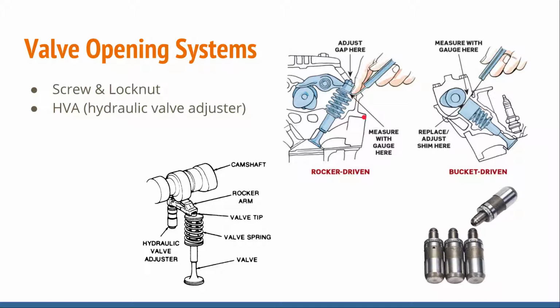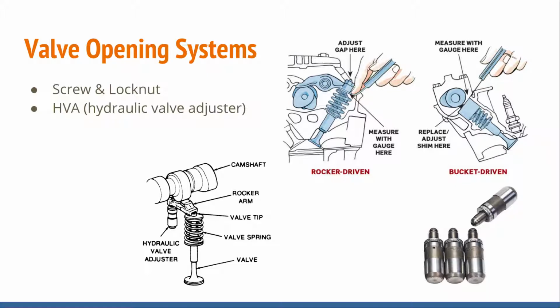HVA, hydraulic valve adjuster. We got a picture of that at the very bottom here, and also one up towards the left. That is taking the process and making it an automatic process. If you see the little holes here, it relies on engine oil. Engine oil enters there, and those HVAs, if you press on them, actually have a little bit of cushion, a little bit of give.